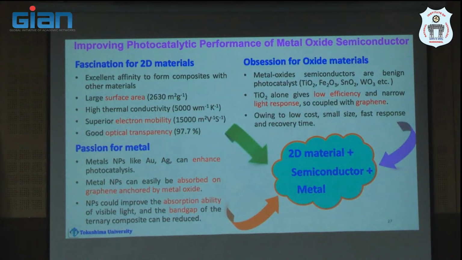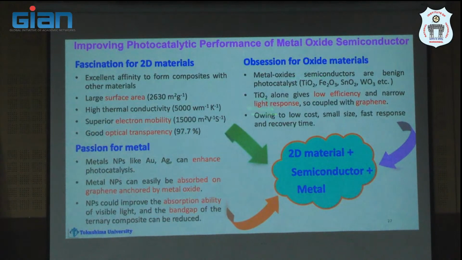Day before yesterday, we saw the types of nanomaterial, okay? If you remember, two-dimensional material is a sheet-like material. Those materials have large surface area, higher electron mobility and optical transparency. These are the parameters which we consider important when we take them for photocatalysis.